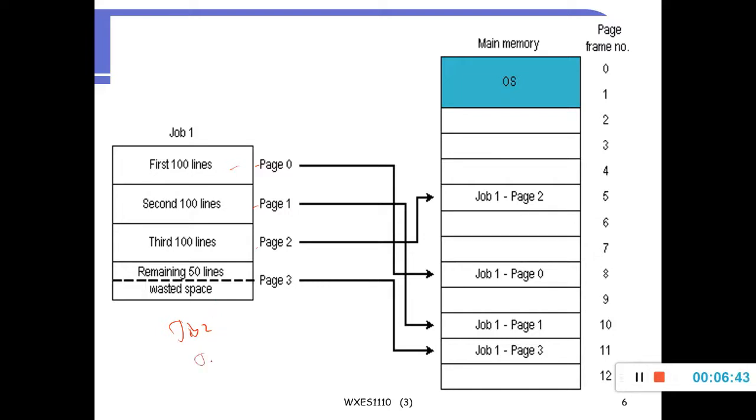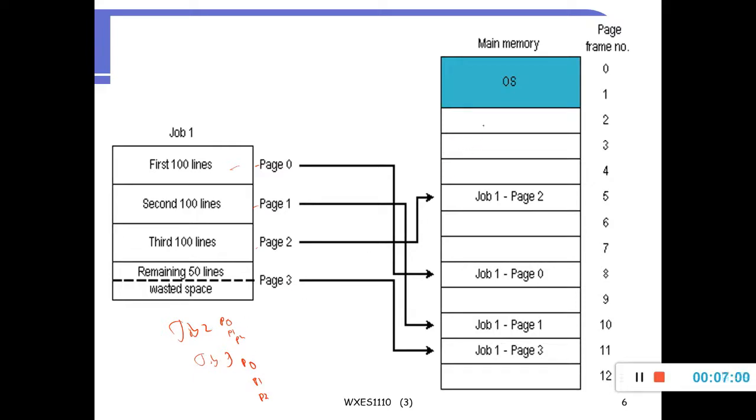Job 2, job 3, and so on, are divided into pages: page 0, page 1, page 2, and job 3 has page 0, page 1, page 2, page 3. They will go to any of the empty frames in main memory.